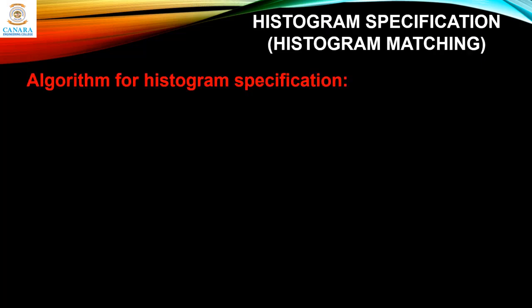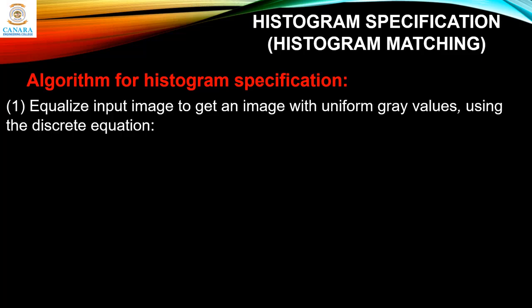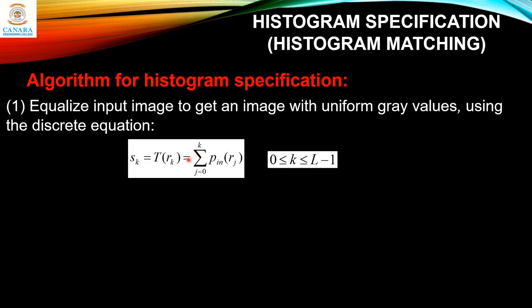So the algorithm to perform histogram specification is given by this. First step, equalize the input image to get an image with uniform gray values using the discrete equation which we saw in the previous slide: s_k is equal to T of r_k, which is equal to the summation of p_in of r_j.